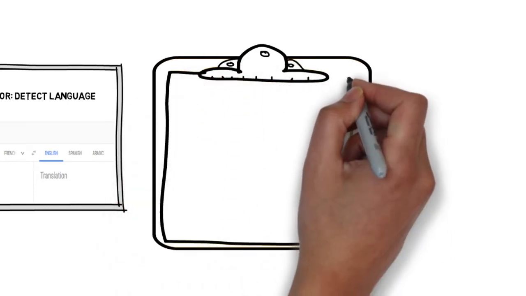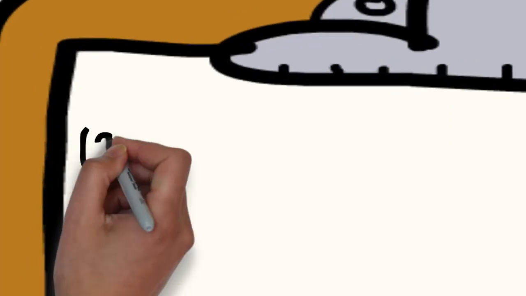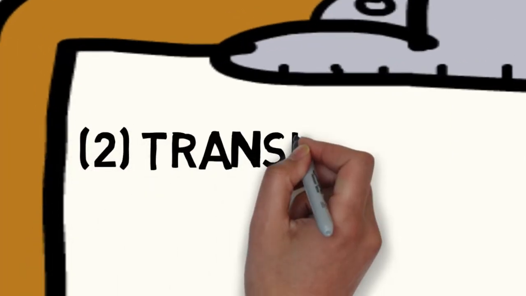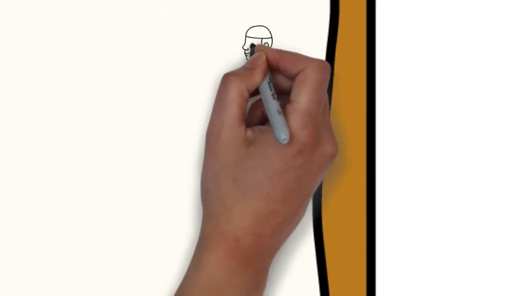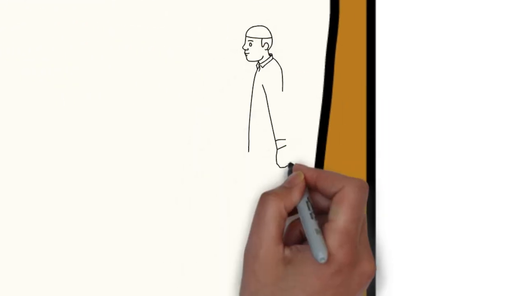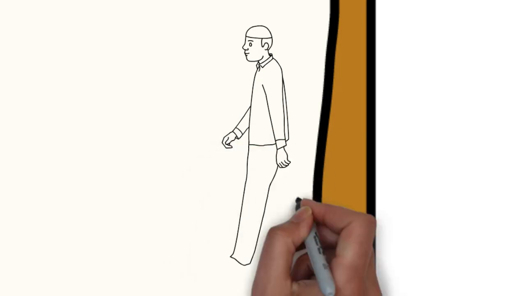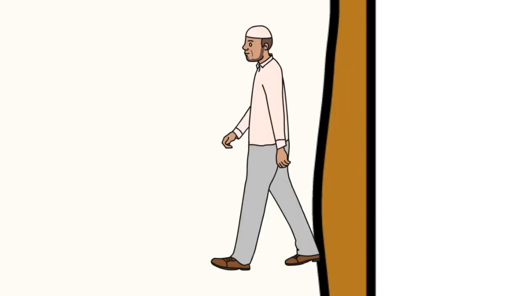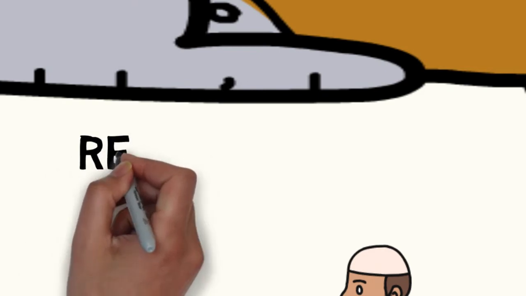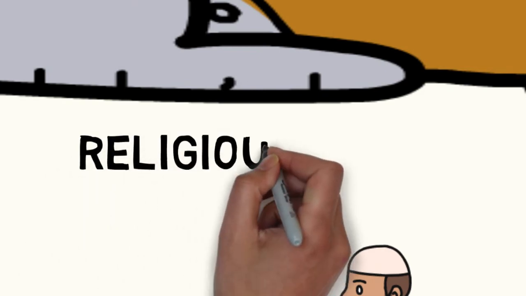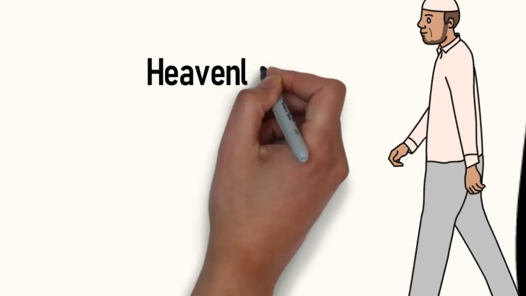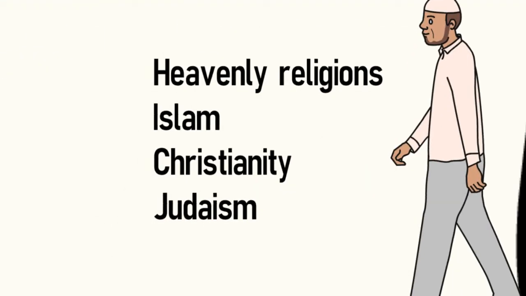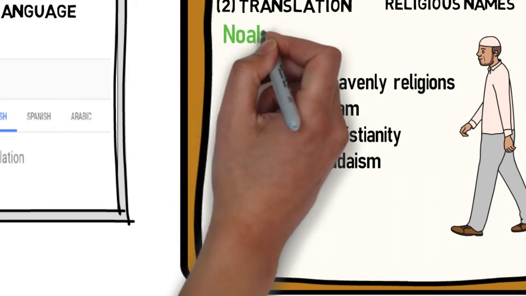Now we can move to another strategy for translating proper nouns. Here we can do translation. Everyone knows that we can't translate names of people or place names. This is correct, but some Arabic names may be connected to English ones. These names are all related to religious names that are shared among heavenly religions, like names of prophets, messengers, angels.